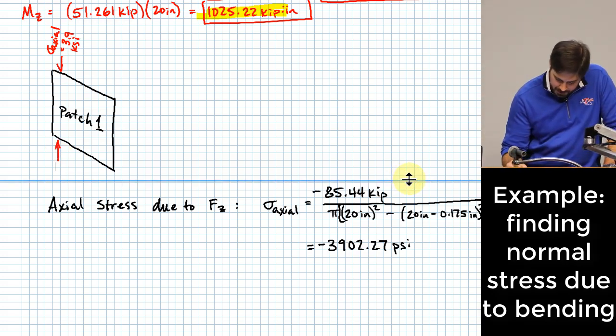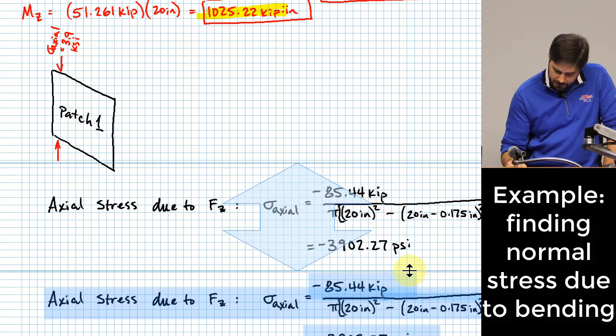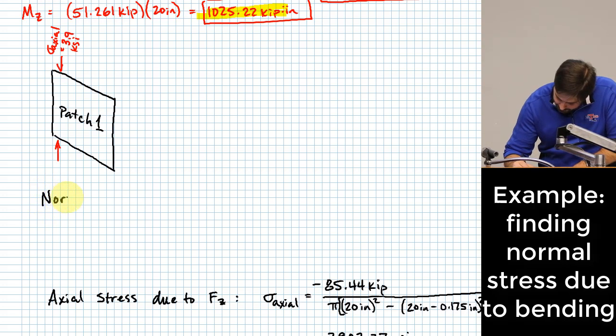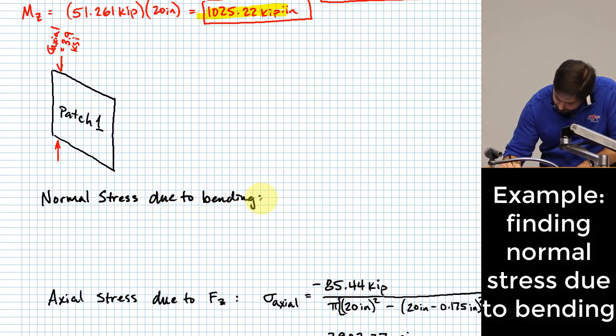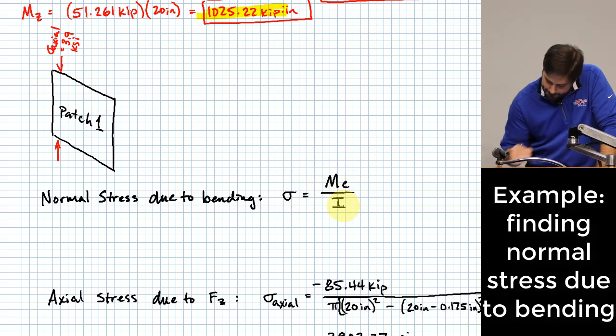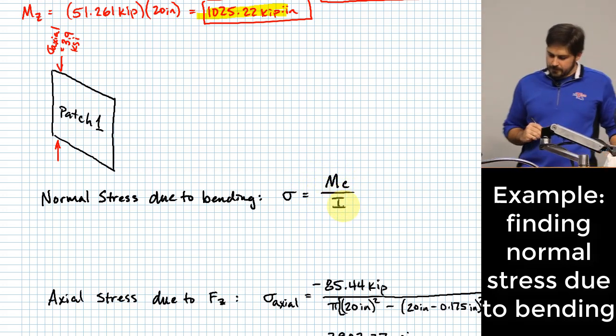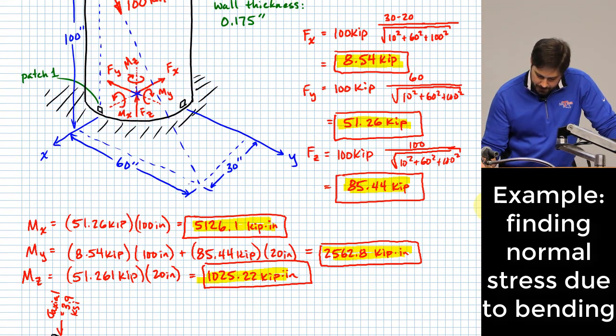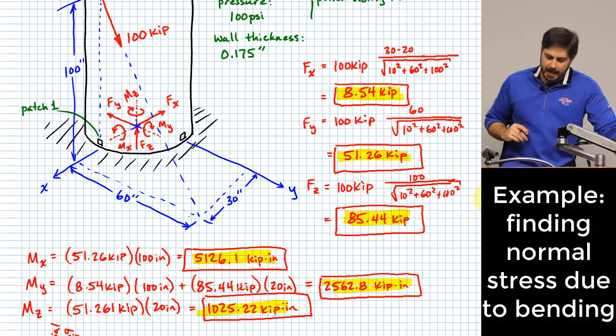Okay, maybe we should handle bending. Okay, I don't disagree with that idea. So, normal stress due to bending. Okay, for that we are going to use MC over I. Okay, and which M do I need to deal with to figure out my normal stress in that patch due to bending?